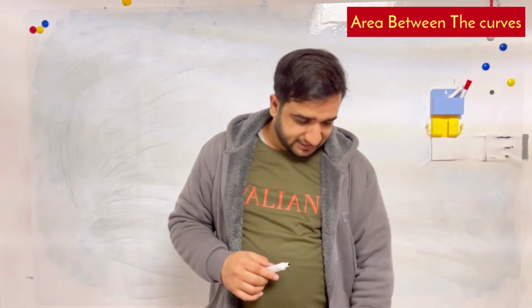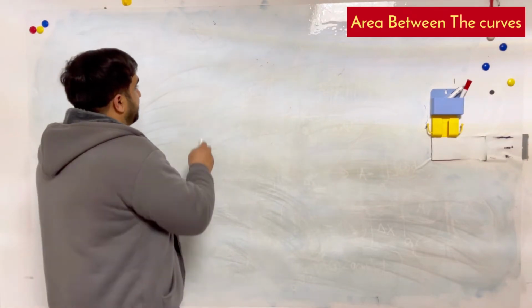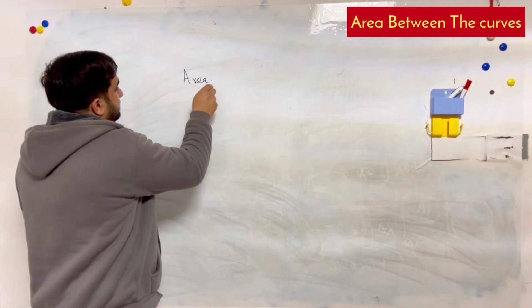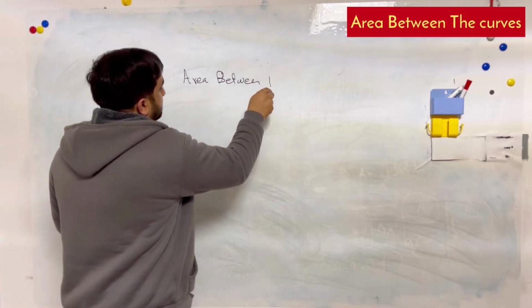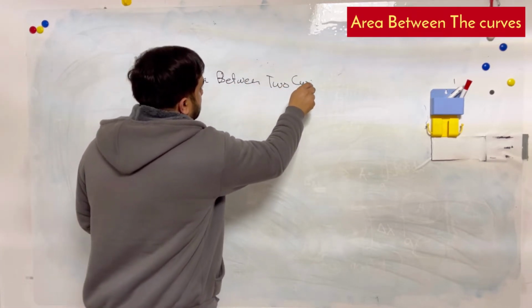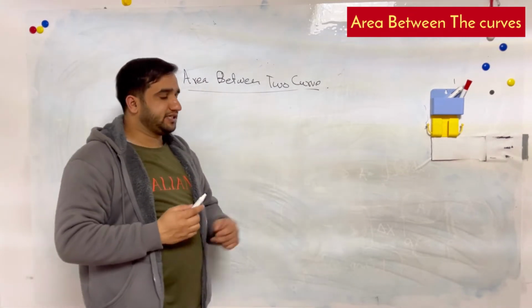So the proper definition, using the concept of FTC, for the area between two curves. First we were doing area under the curve, so it was one curve. Now it is area between two curves.